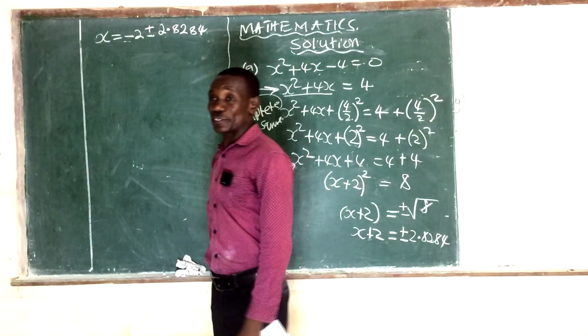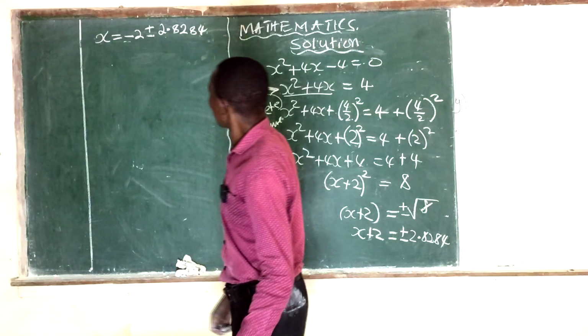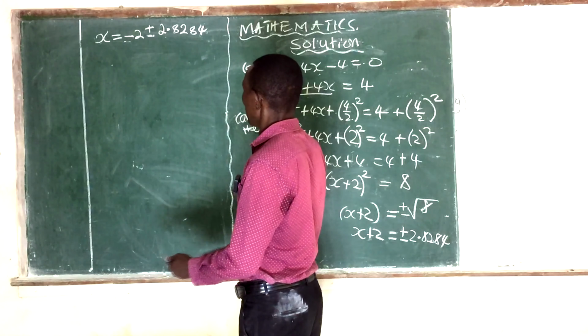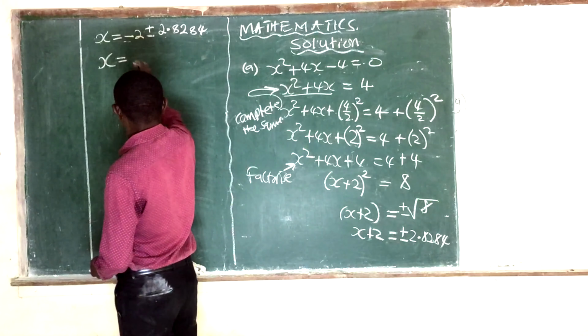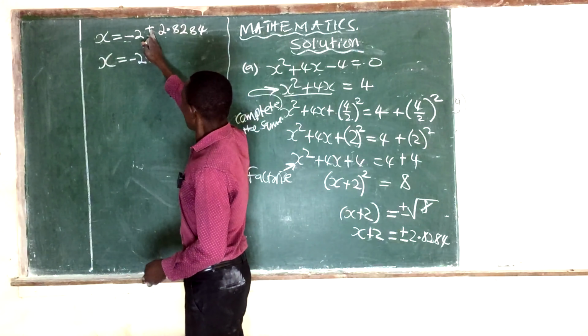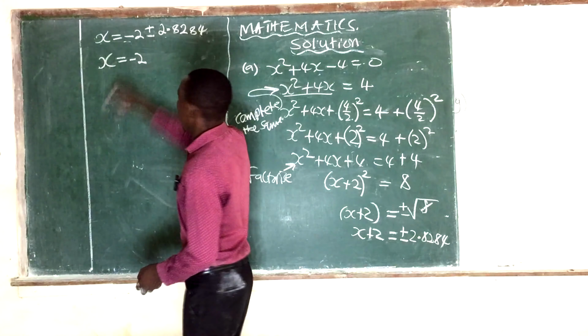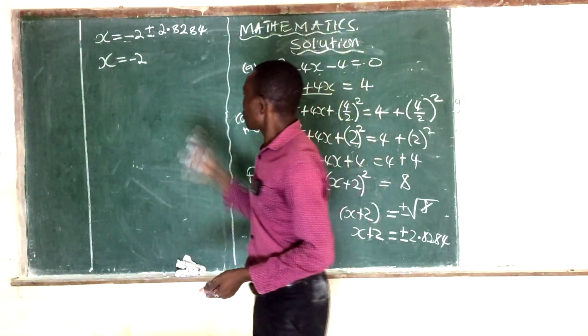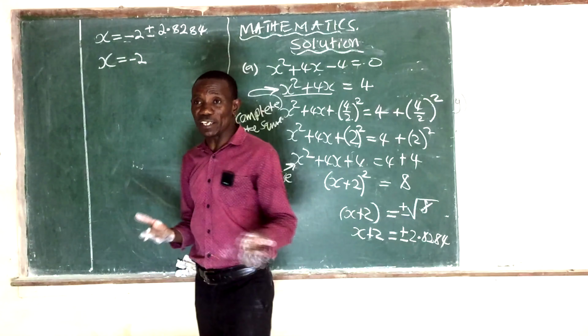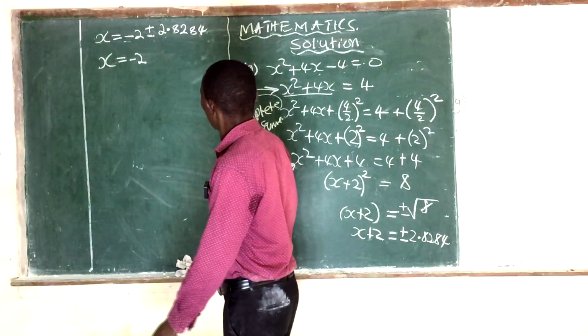Right. So in this other part, what you do is simple. What you have here is x is equal to -2, where you have the positive and negative there. It simply means splitting the signs into 2. Right. So here, as a student, you have done a lot of this in the past.